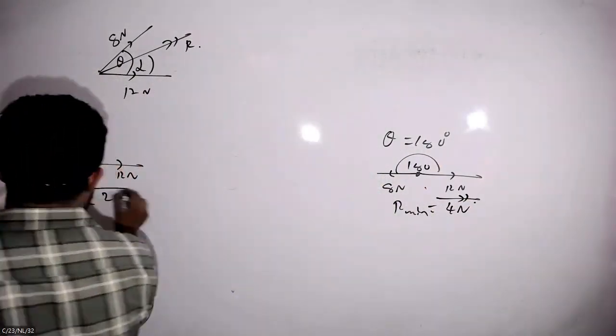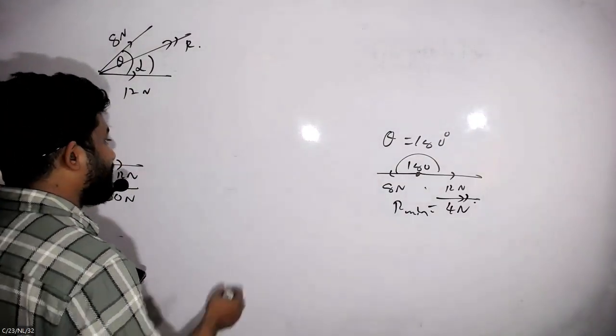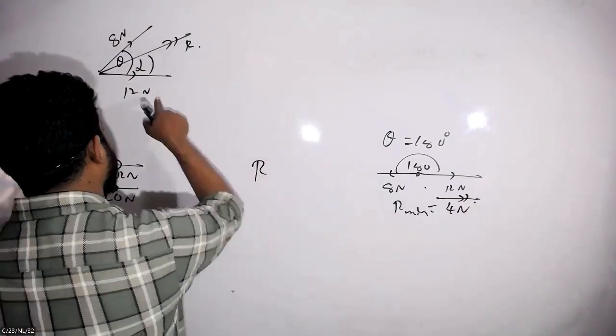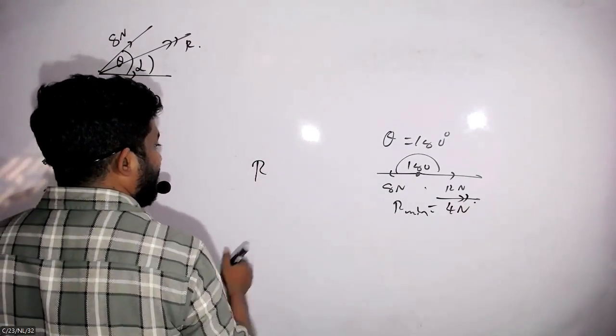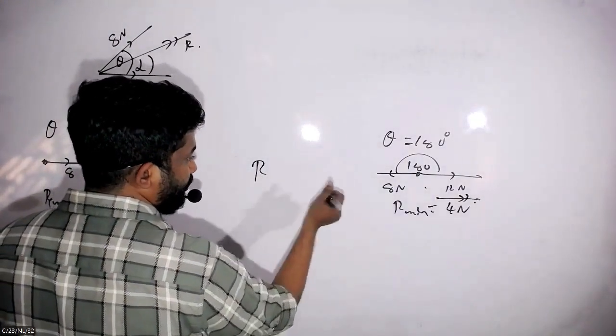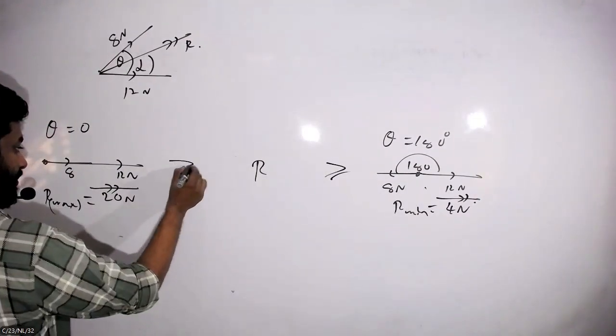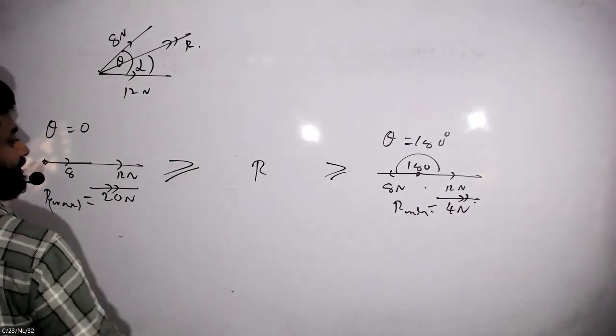Right? This one is the maximum resultant. This one is the minimum resultant. Therefore, the resultant of these two vectors should lie between this maximum and minimum value. That is, the resultant should be equal to or greater than 4 and equal to or less than 20.